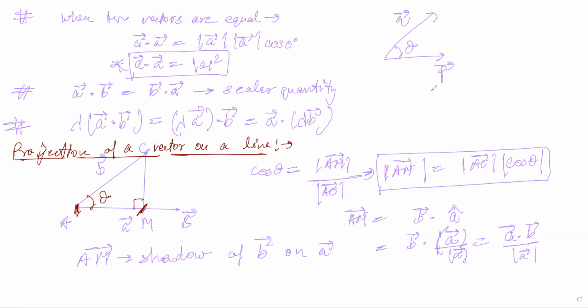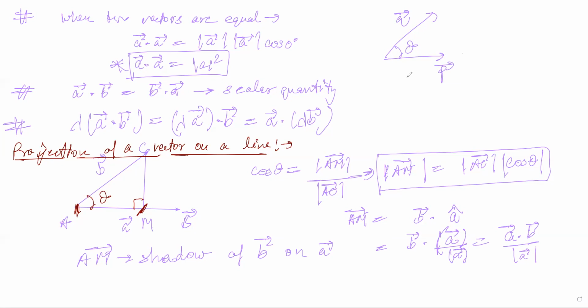Q vector dot P vector divided by mod P vector. Correct. And P on Q? Q vector dot P vector divided by mod Q vector. So that is how we can find out the projection.